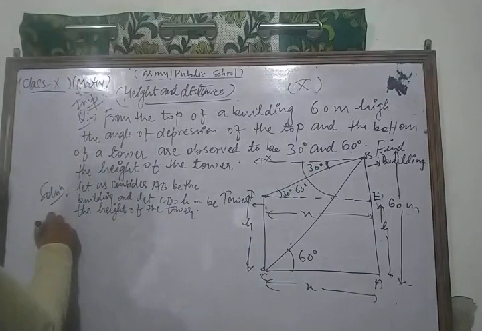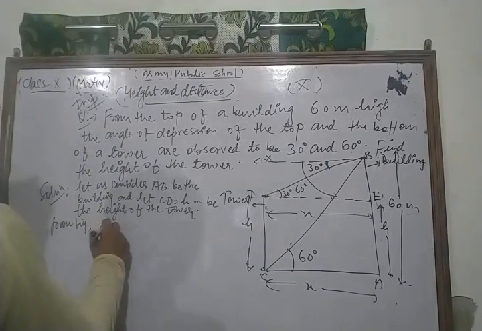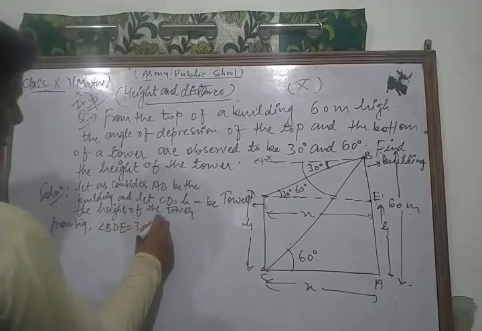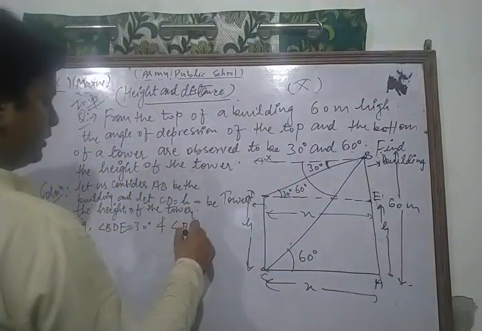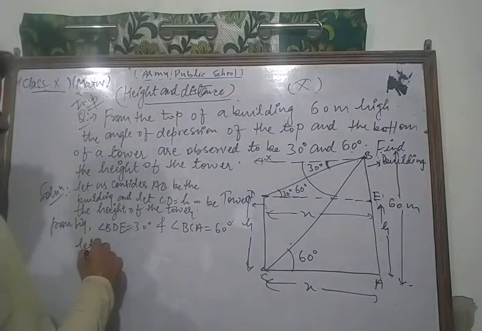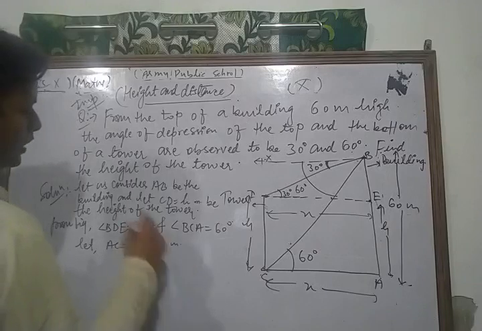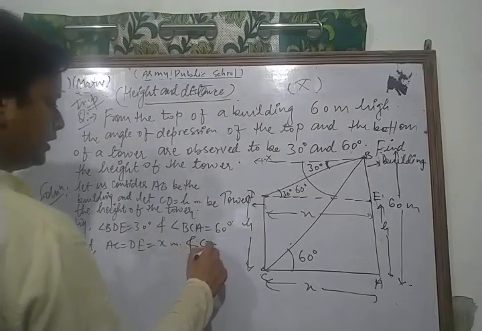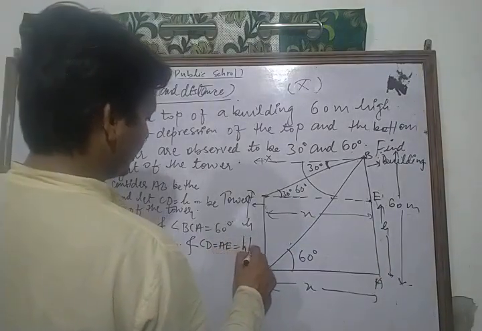So from the figure, angle BDE is equal to 30 degree and angle BCA is also equal to 60 degree. Let AC equal to DE, each equal to X meter, and from the figure CD equals AE equals H meter.